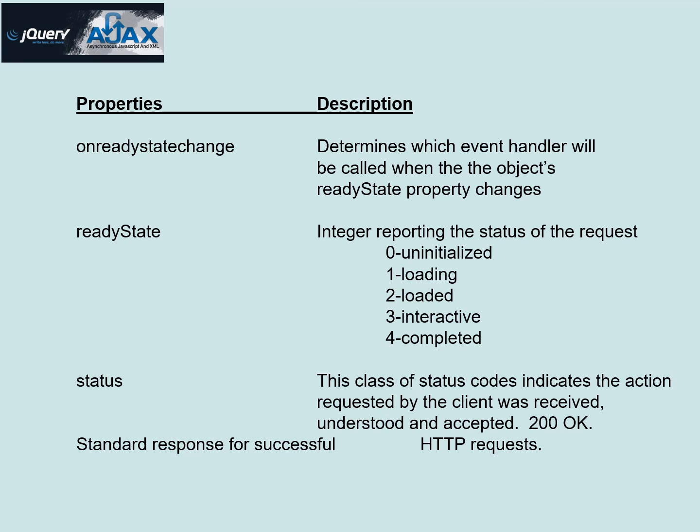Then another property is status. This class of status codes indicates the action requested by the client was received, understood, and accepted. 200 OK is a standard response for a successful HTTP request. So these are some of the methods and properties associated with the HTTP request as well as the response object.